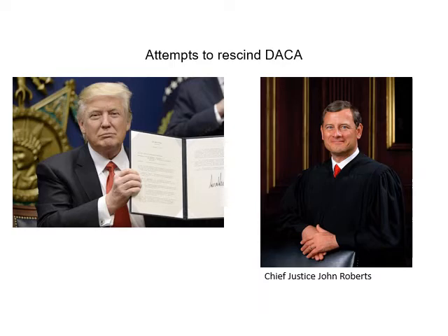The court said that the Trump order rescinding the Obama order violated the Administrative Procedure Act, which apparently lays out rules that have to be followed by the president to annul or rescind a previous president's order. And so they were saying that Trump didn't follow those rules. The Supreme Court ruled against Trump.